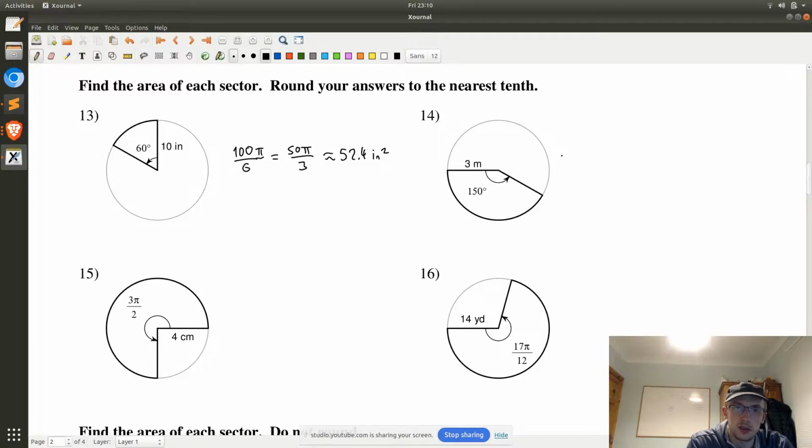Okay, pi r squared, so 9 pi, and then 150 over 360 is 15 over 36. 15 over 36, that's 5 over 12. 5 twelfths of 9 pi. 45 over 12 is 15 over 4 pi.